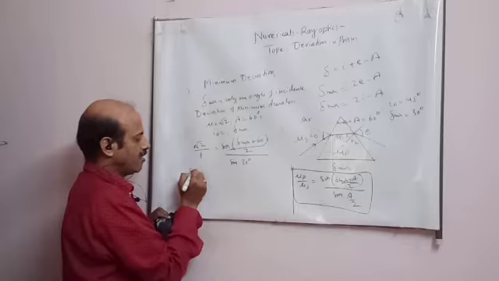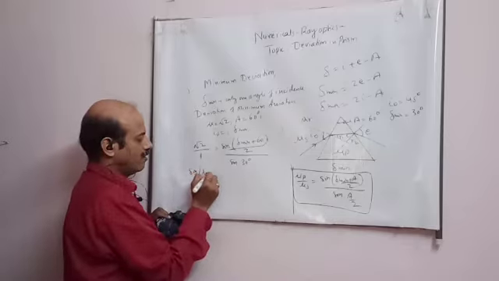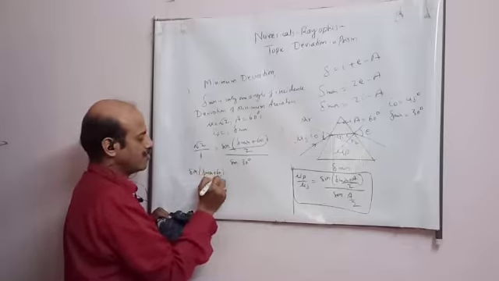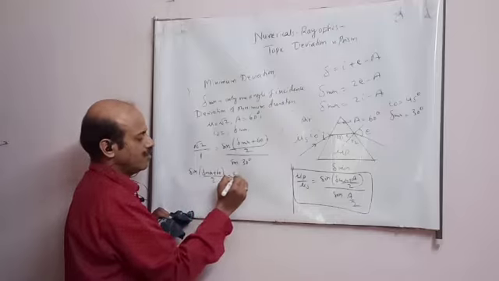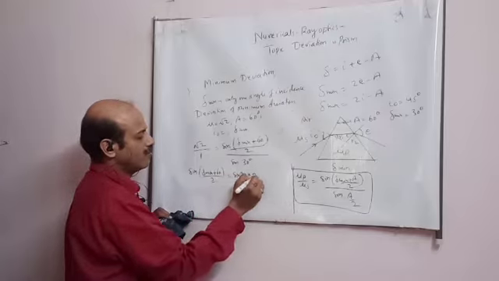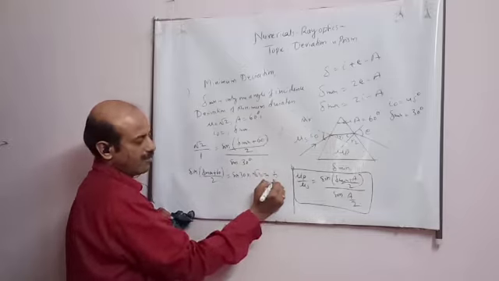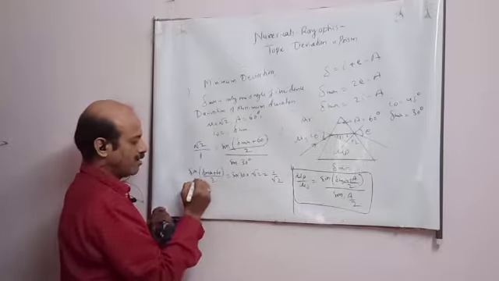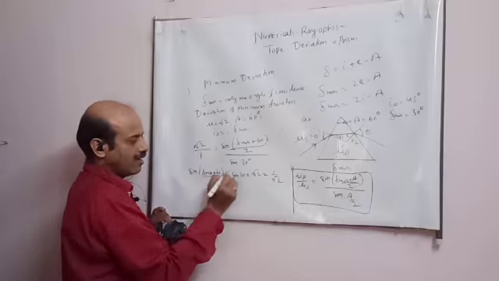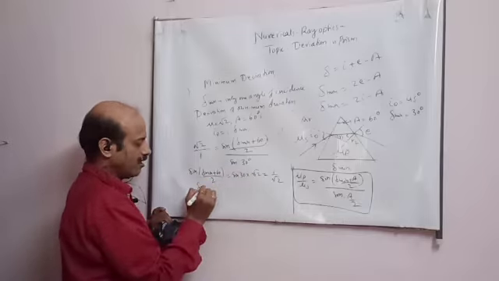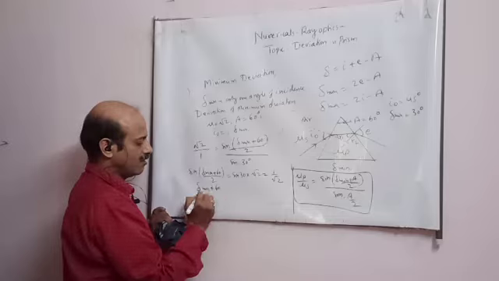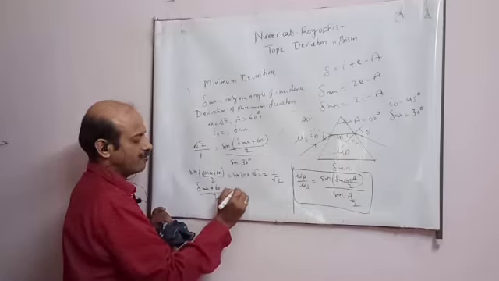So from here, sine of delta minimum plus 60 upon 2 is equal to sine 30 into root 2. Sine 30 is half, so I am getting 1 by root 2. This means this angle is 45 degrees. So delta minimum plus 60 upon 2 is 45.